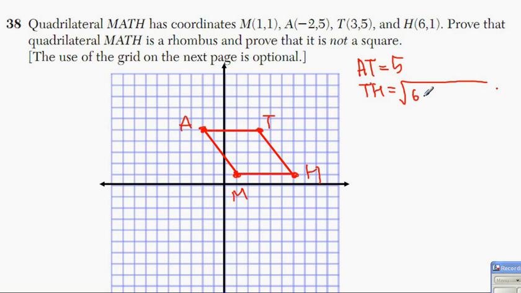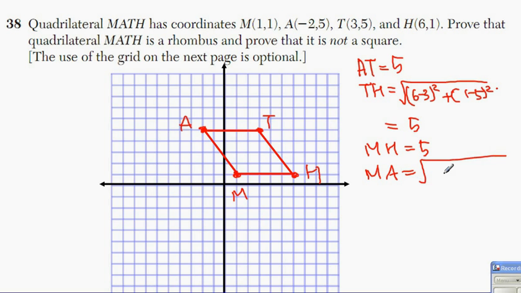Okay, so we get 6 minus 3 squared plus 1 minus 5 squared. Once you calculate this, 3 squared plus 4 squared, we end up getting 5. That's TH. Now, MH, we can just count the boxes, which is equal to 5. And so is MA. Using similar logic, we get negative 2 minus 1 squared, and then 5 minus 1 squared. So once again we end up getting 5.